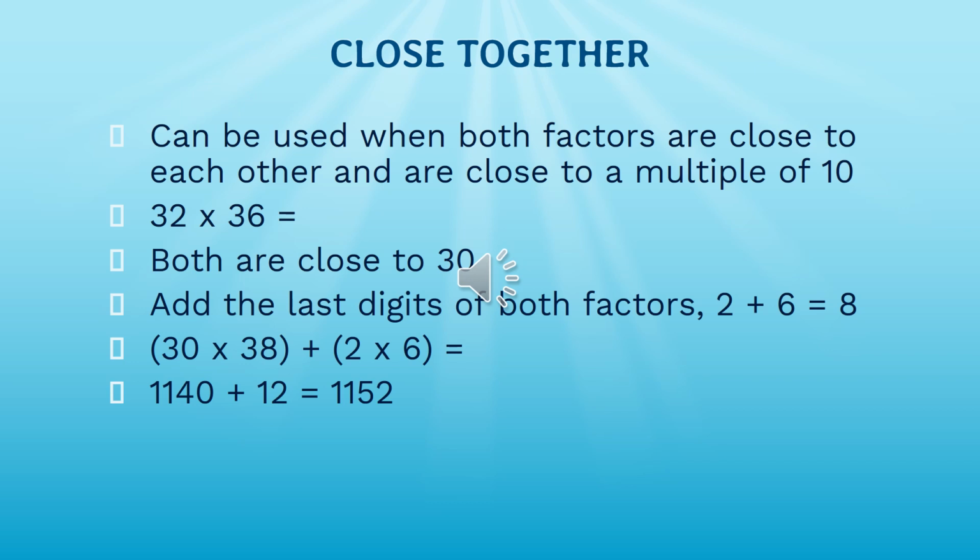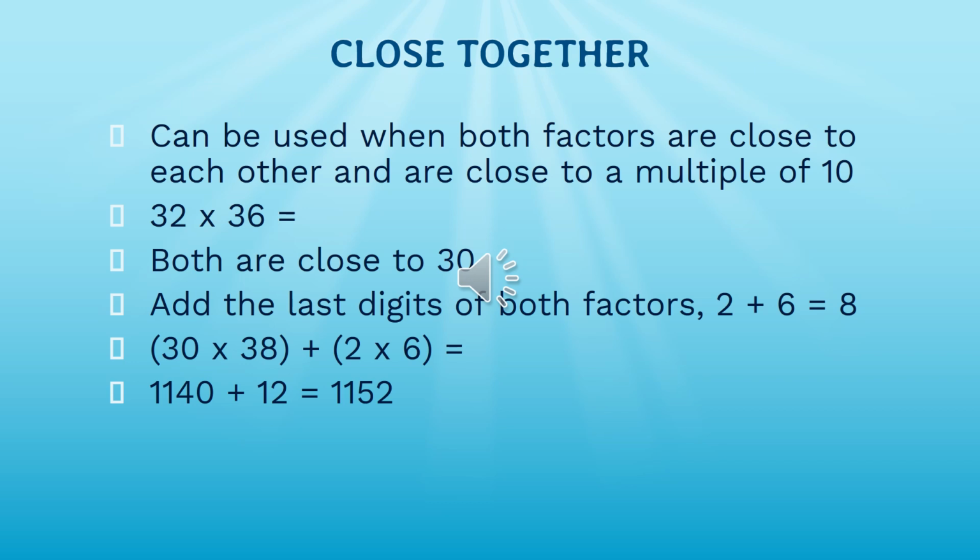1152. Now recall that what we did was first to decide which multiple of 10 these two factors are near or close. Then next is to add the last digits. In this case we have 2 and 6, that gives me 8, and add that to 30, which is the multiple of 10 that we decided earlier, and proceed with a new multiplication sentence.